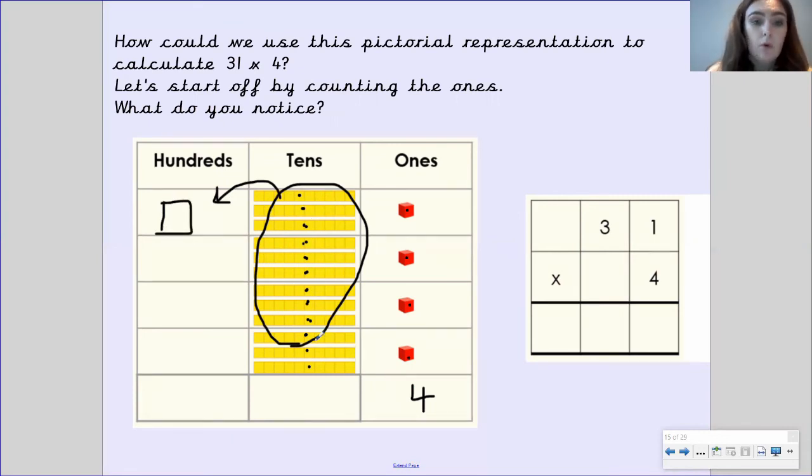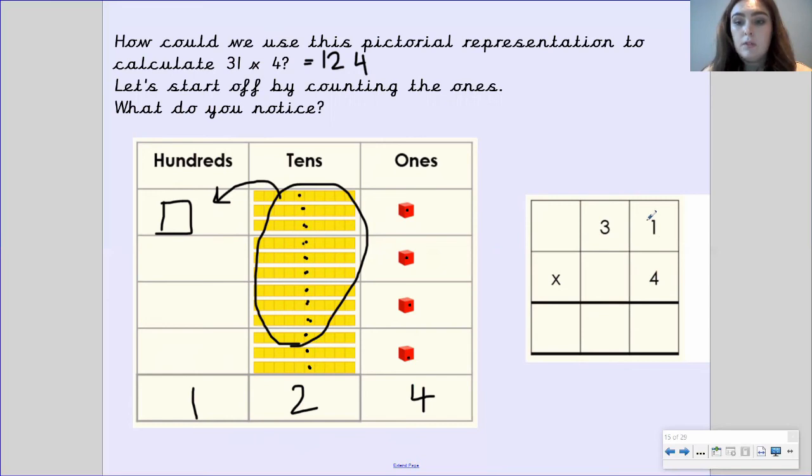Now we need to count what is left. So how many 10 sticks do we have left? We've got 1, 2 10 sticks. And how many hundreds do we have? We've got 100. So that means 31 times 4 is 124.